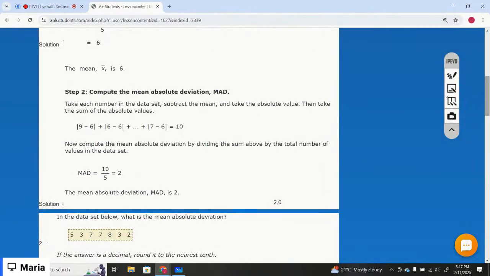Now you have to calculate the mean absolute deviation. You have to subtract every number out of the mean and you have to calculate their absolute value.